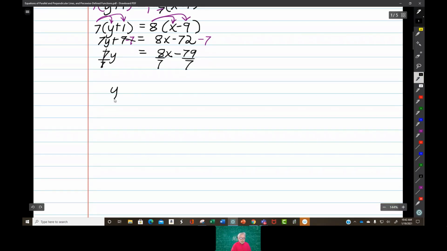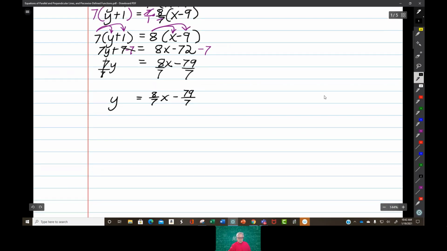And over here, the equation of the line parallel to the given line that goes through the given point is y equals 8/7 x minus 79 over 7. Ta-da!